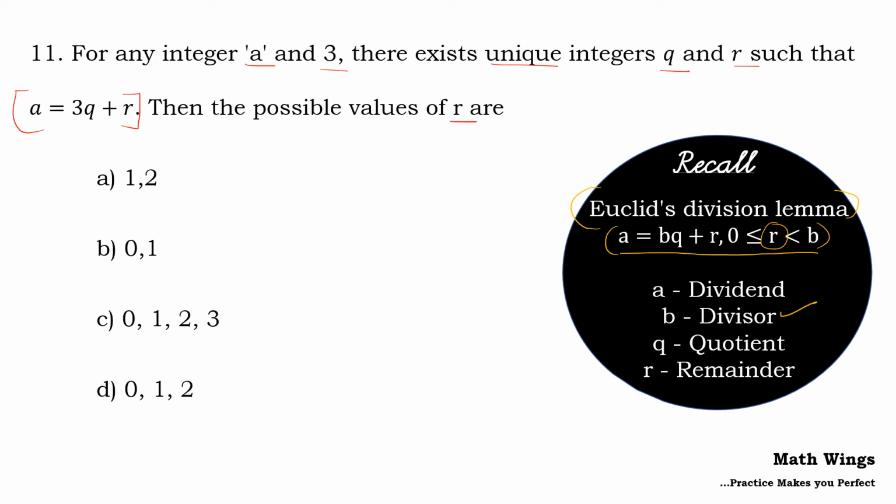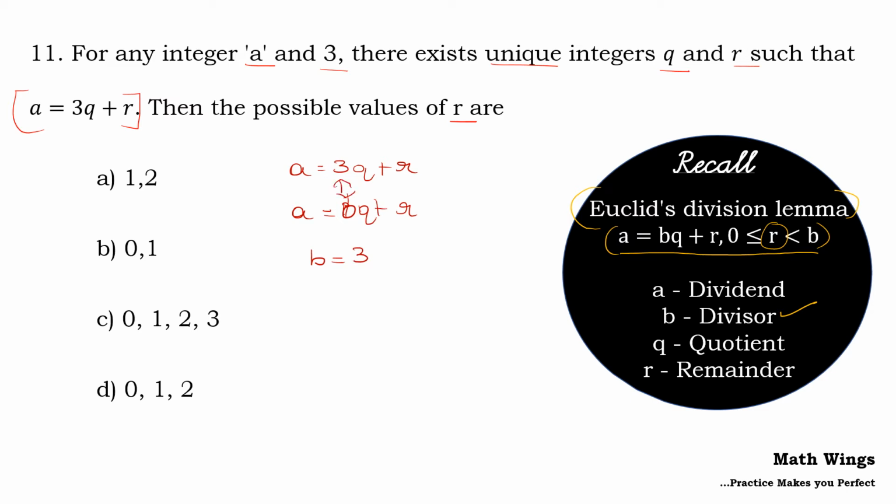So let us apply the same Euclid's division lemma to the given problem. We are given a is equal to 3q plus r. When we apply the lemma, a is equal to bq plus r, b will be equal to 3.